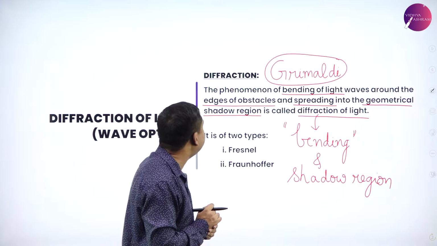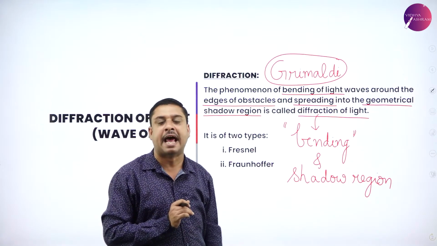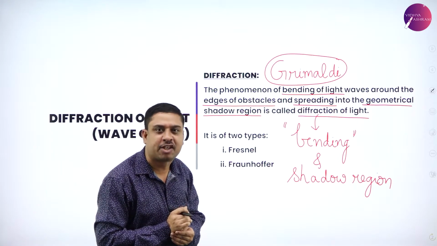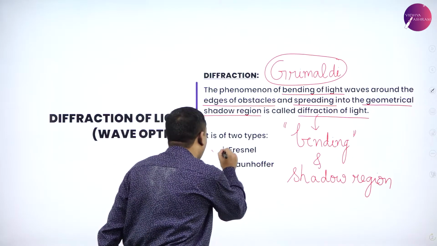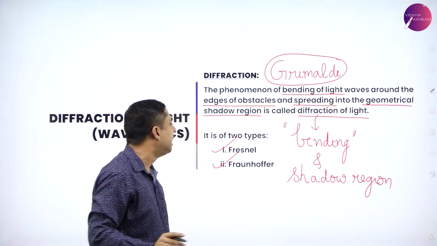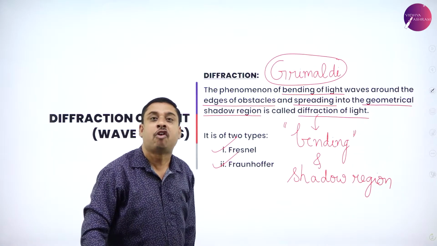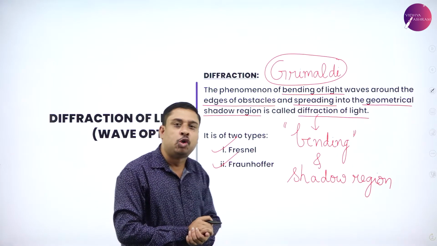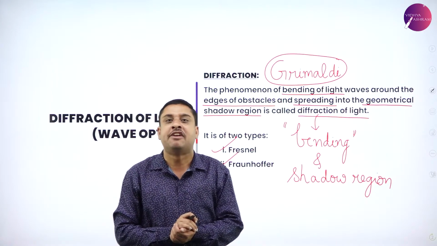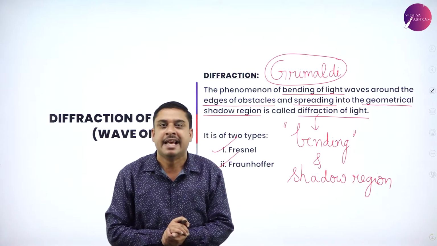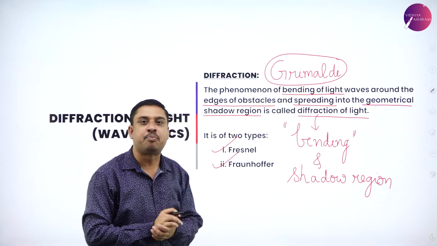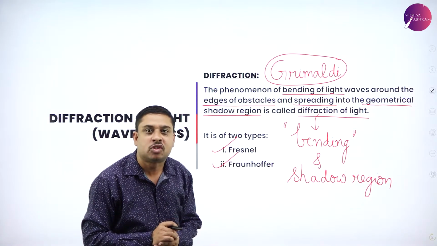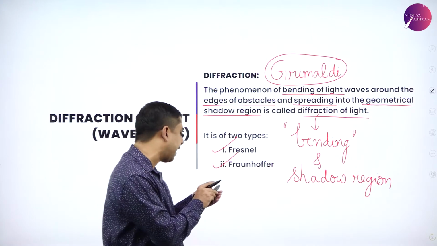And this is defined as diffraction of light. Now, there are two types of diffraction. One is called Fresnel's diffraction and the other one is called Fraunhofer diffraction.